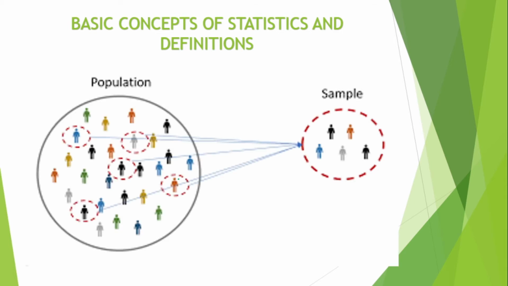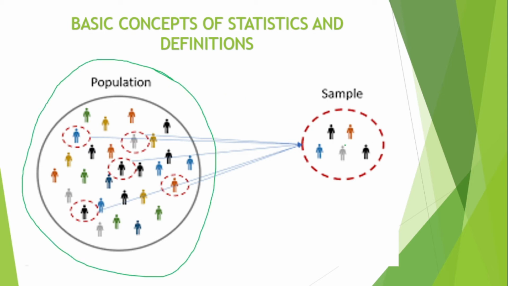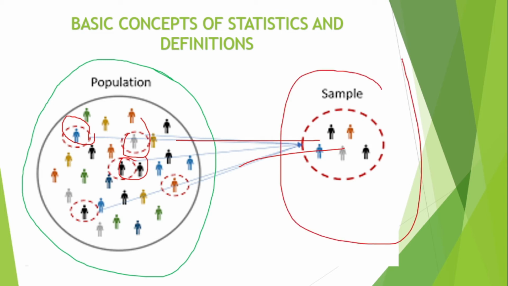As you can see in the diagram, we have here the population, and to get the sample, we just pick a number of persons in the population. We have our sample here, we just pick this one, and yan na yung magiging sample natin.